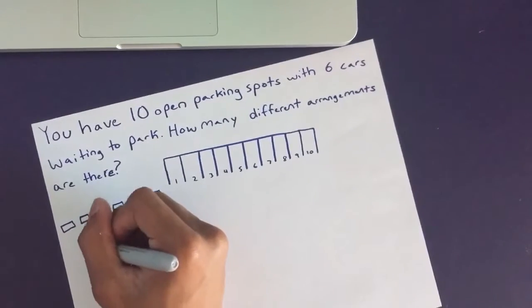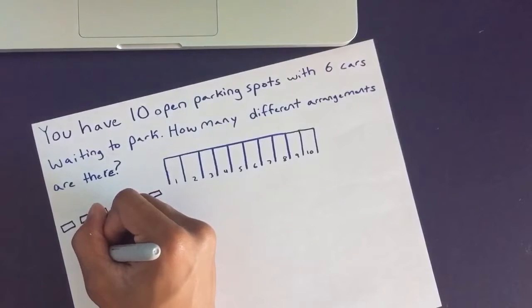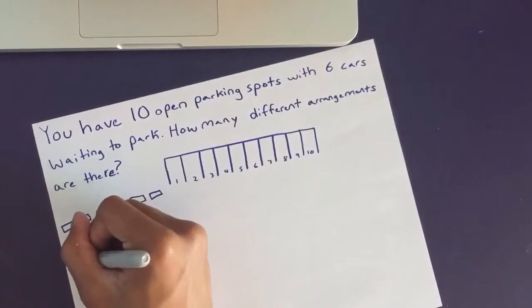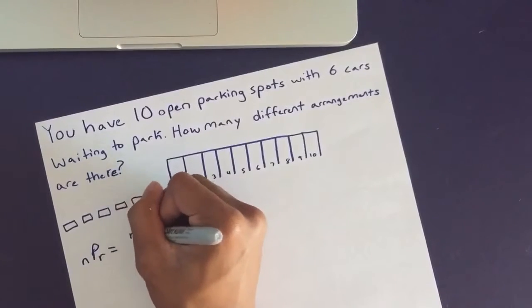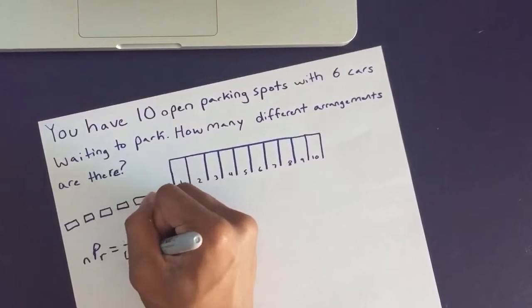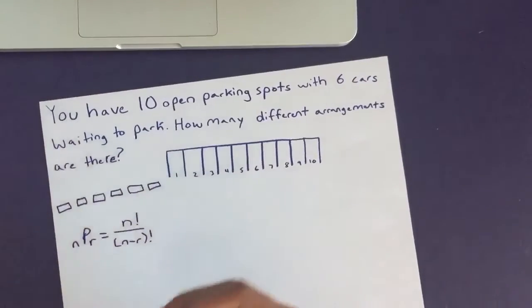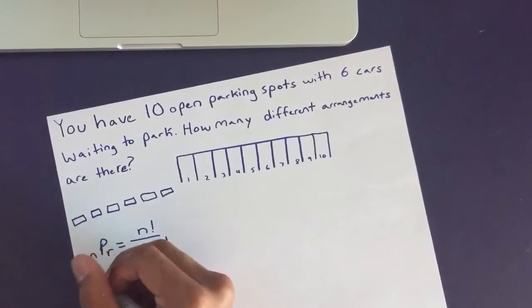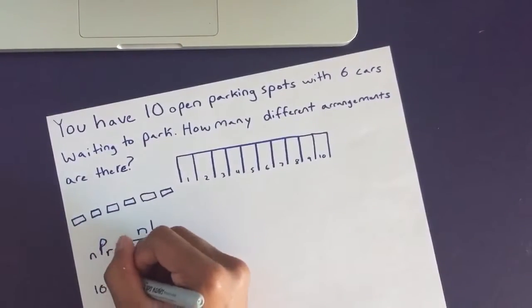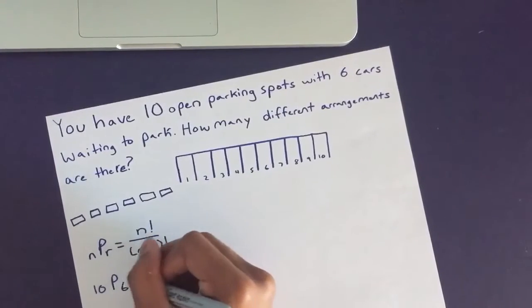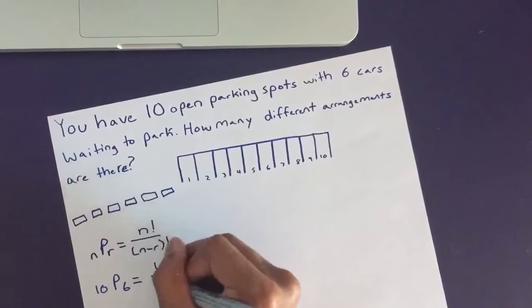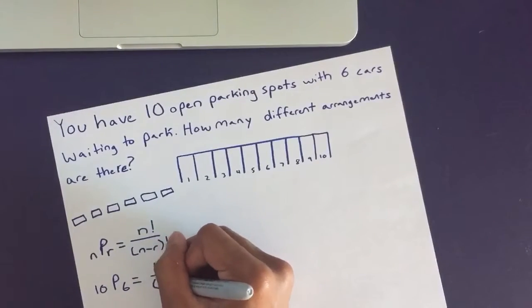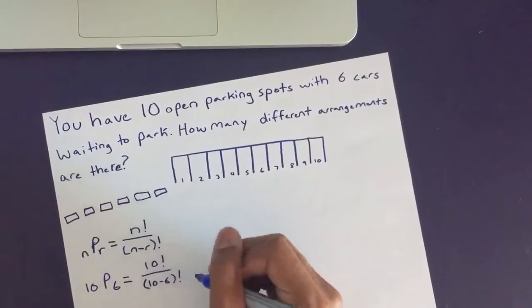So permutations are, and you have 10 total parking spots and 6 are waiting to park. So then it's 10 factorial over 10 minus 6 factorial.